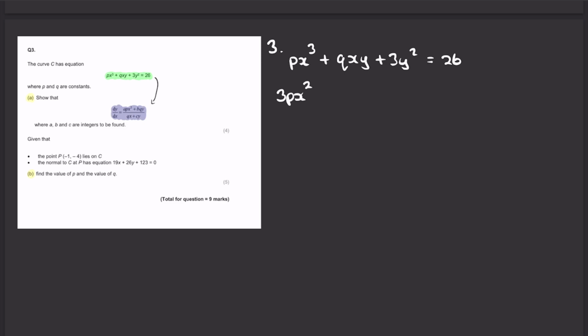3px squared. And by the way, for this video, I won't be going through every single step on how to get every single term differentiated, because when you're differentiating implicitly, you should already know the chain rule, the power rule, product rule, and quotient rule.